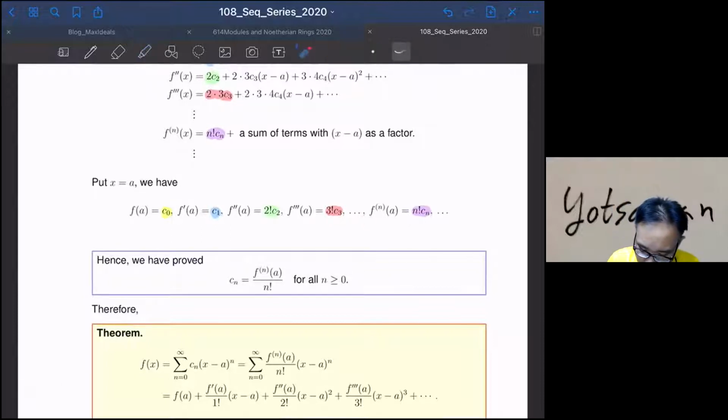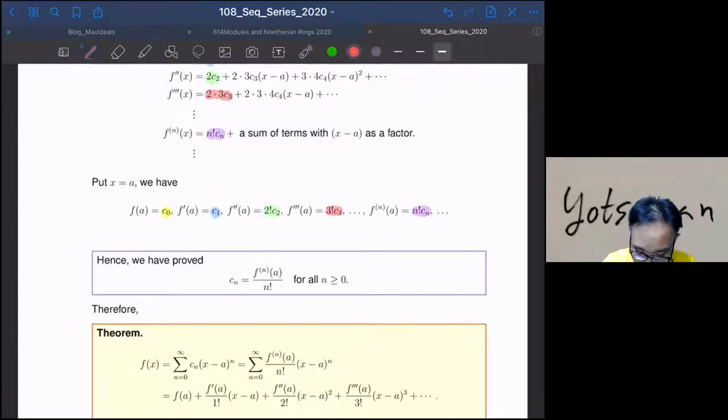So you have c_n equal to the nth derivative of f at a over n factorial, for n greater than or equal to 0. So you have a formula for c_n.